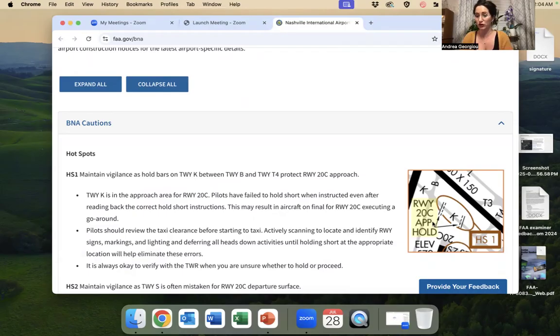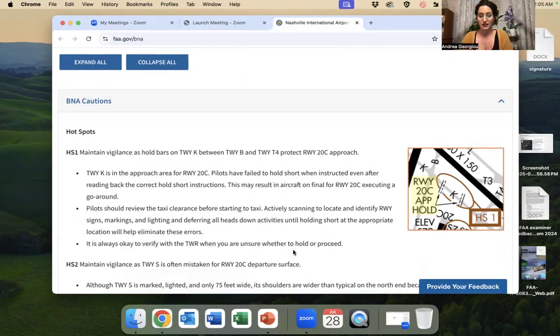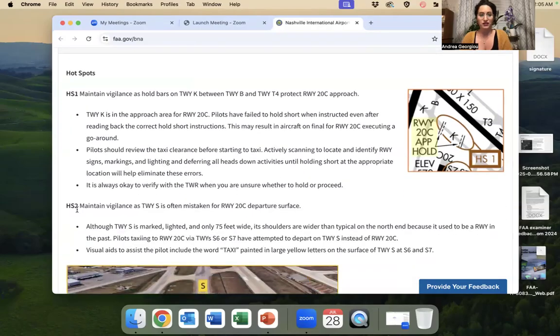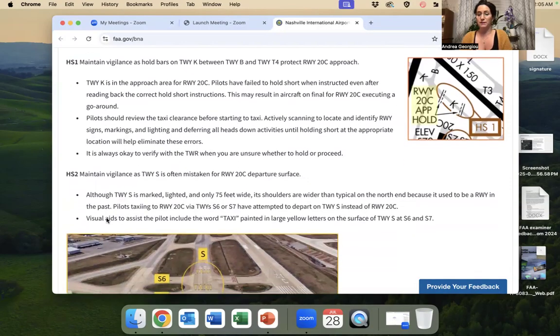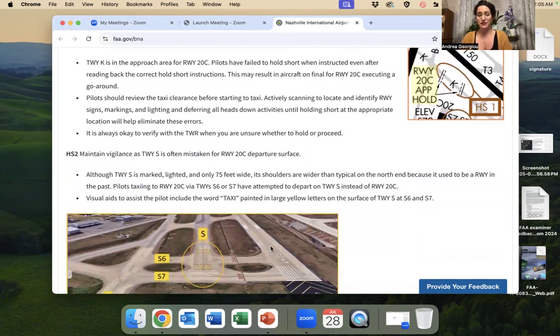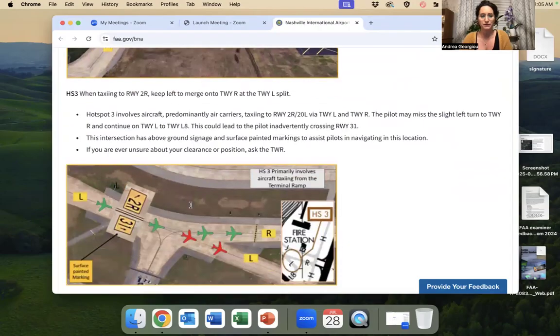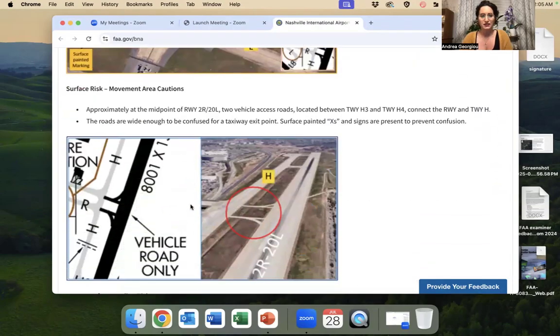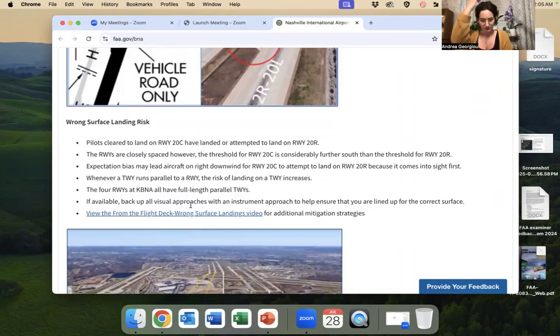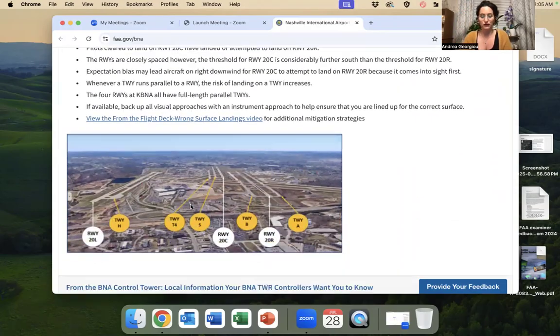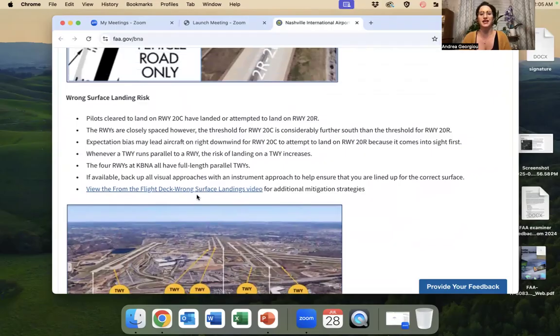Pilots have failed to hold short when instructed, even after reading back the correct hold short instructions. So they're telling you to be vigilant for this hot spot. This is because the taxiway is right beside runway 20 center, and they're very similar, if not almost exactly the same in width. So these are just different issues to look out for. Movement area cautions, and even a video. So if you're interested, just go back and look at faa.gov/bna.